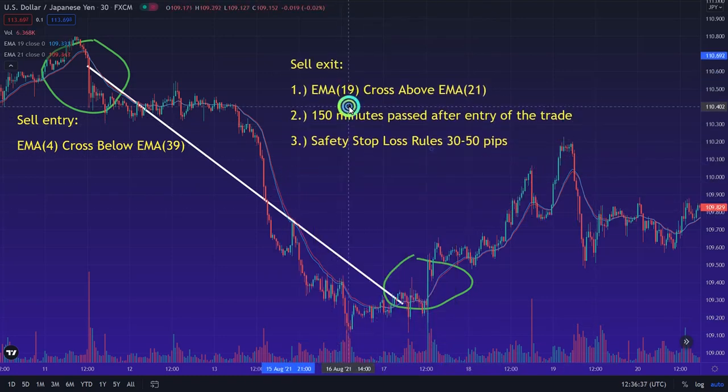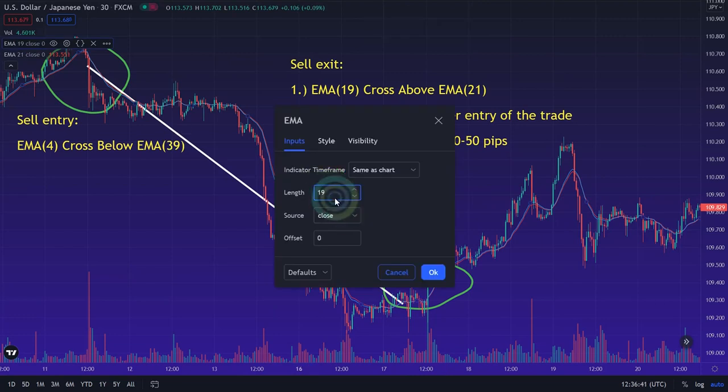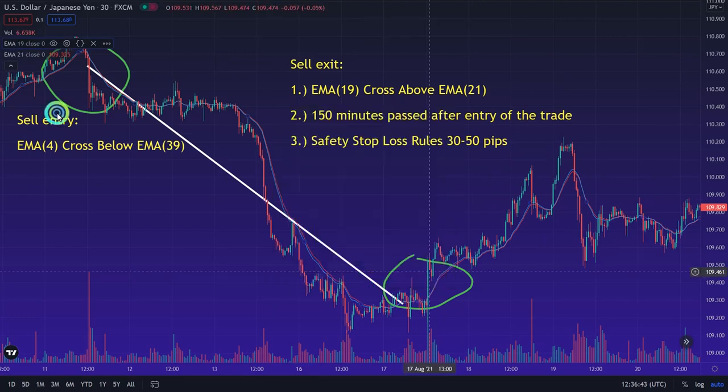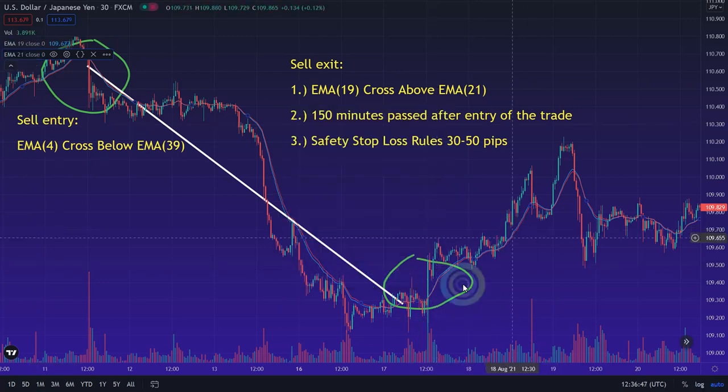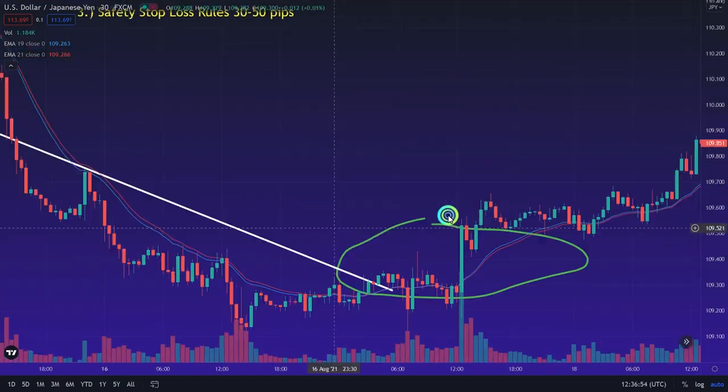So let's see. We have a 19 and a 21 period EMA. Okay, so it is not the easiest to catch, but I will show it to you when it crossed.